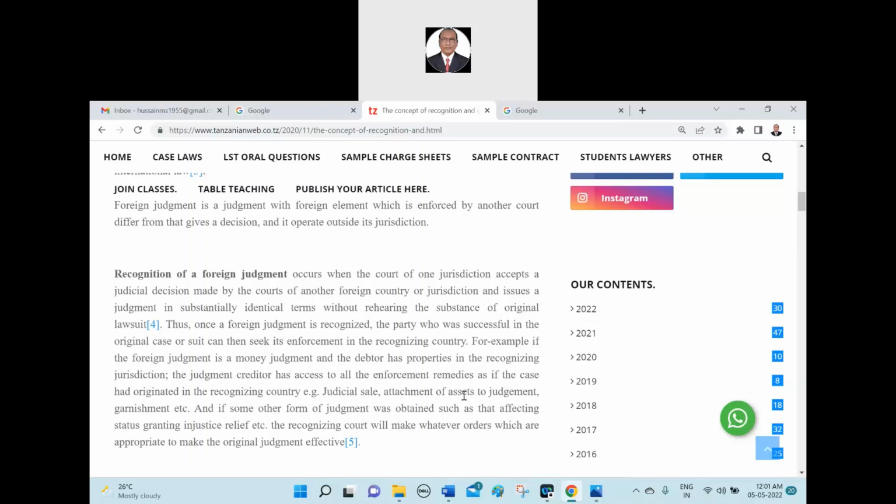Another point: suppose the Kenyan judgment is in contravention of the statutes of Tanzania, it cannot be recognized and enforced. Suppose it is against Tanzanian policy, then it cannot be recognized and enforced in Tanzania.